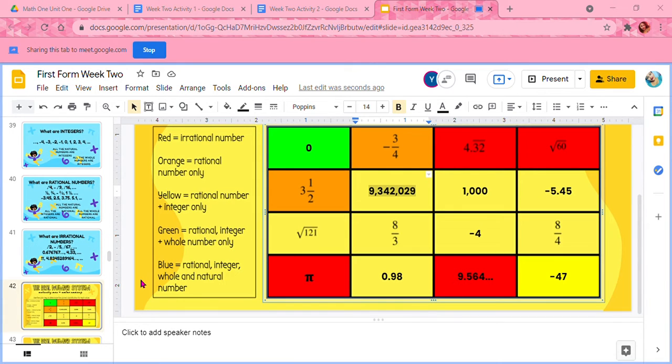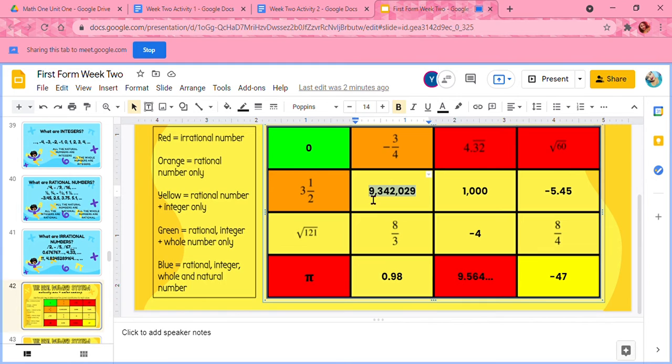It's 9,342,029. What kind of number is that now? Is that a normal number? Where does this number belong to? To whole numbers. Very good, Edwin. Whole numbers.